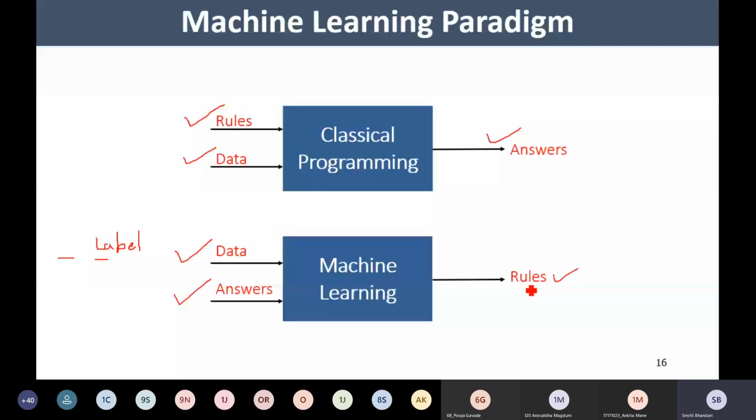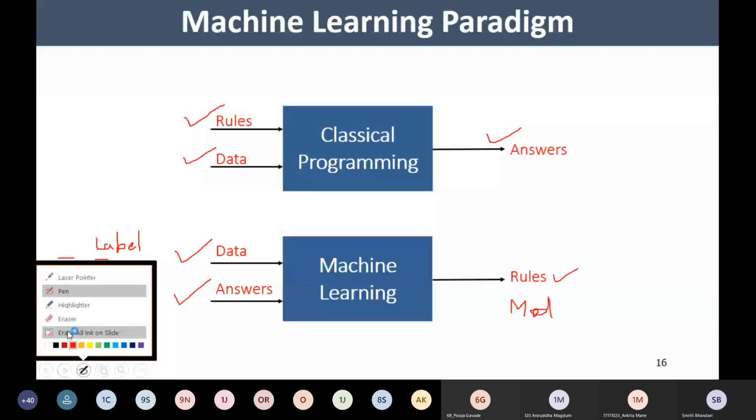So my machine learning system will learn from the labeled data that I have provided as input, and based on this data my system will learn and then produce some set of rules, or in machine learning terminology we say that machine learning systems are building models.